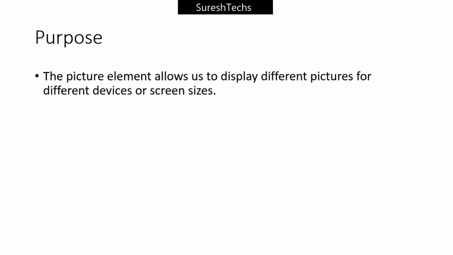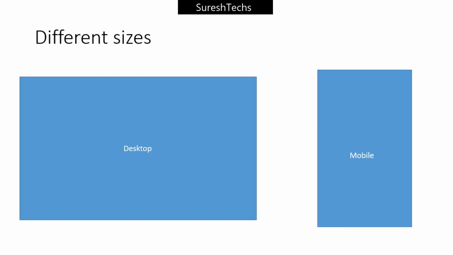For example, you have developed a web application, or a web page. Now you are viewing your HTML page on a desktop, and at the same time on a mobile screen. If your body has a background image, when you view your HTML page on a desktop, the background image may get repeated, because a desktop has a larger width and height.